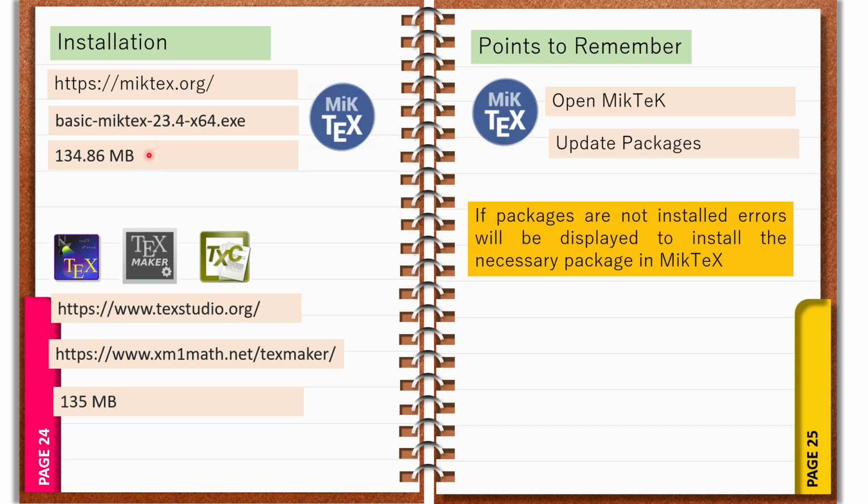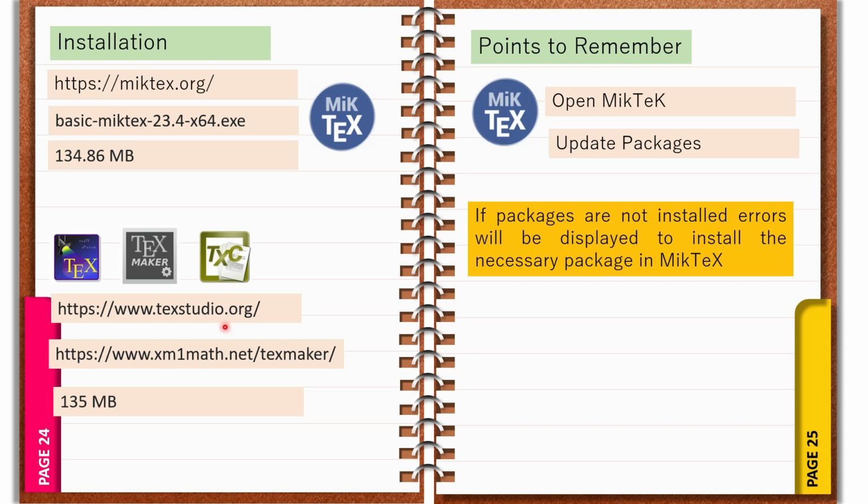If you are using Linux or any other operating system, compatibility is also there. After installing MikTeX, download any one of these text editors: TeXstudio, TeXmaker or TeXnicCenter. In our hands-on session, we are using TeXstudio. So please download this and install.